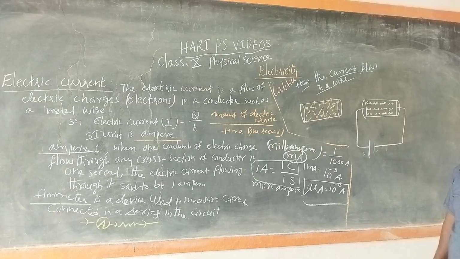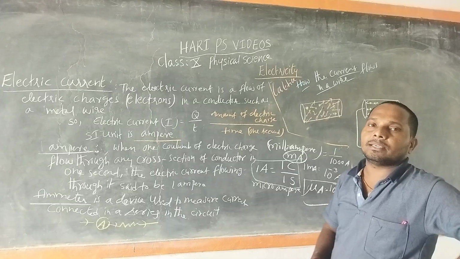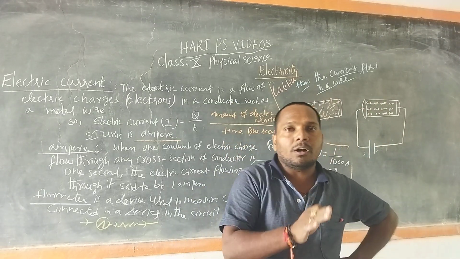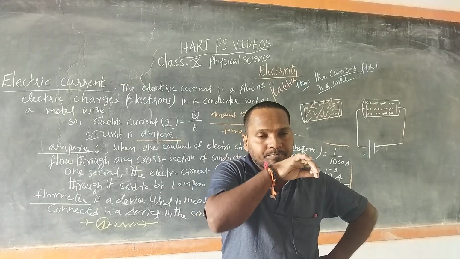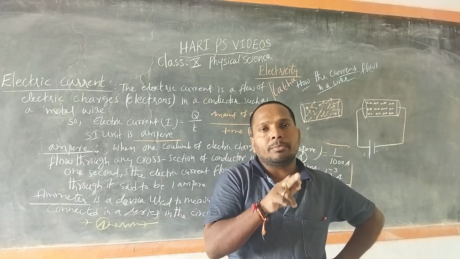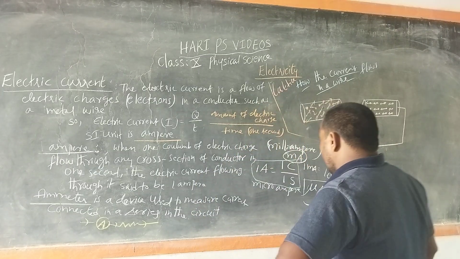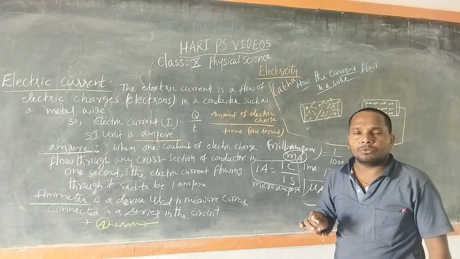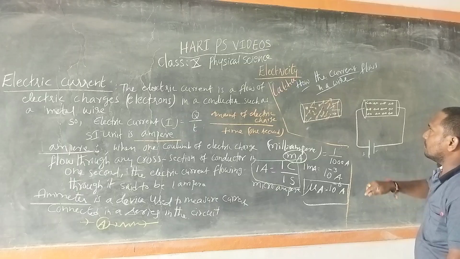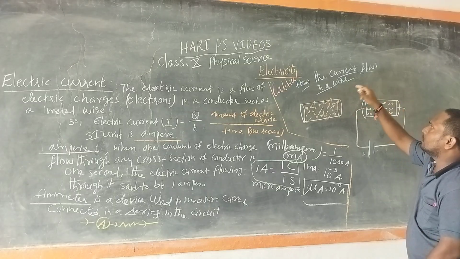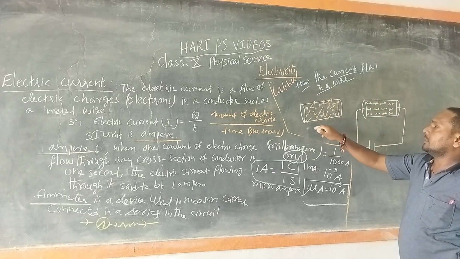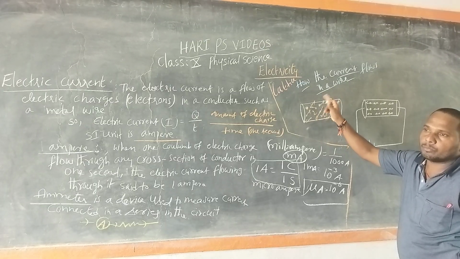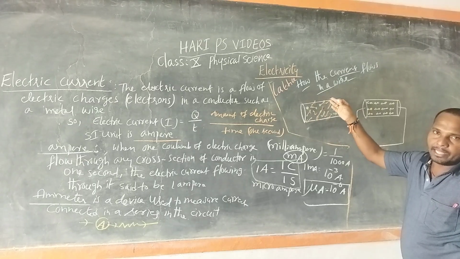But conventionally we say that the flow of electric charges is the flow of positive charges from the positive terminal to the negative terminal. So how does the current flow in a wire? In a metallic wire, the negative charges, the electrons, move randomly in different directions.